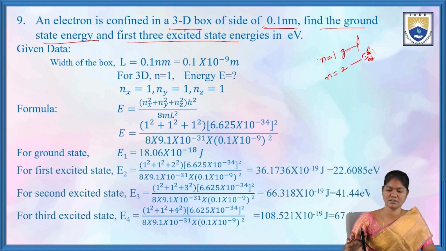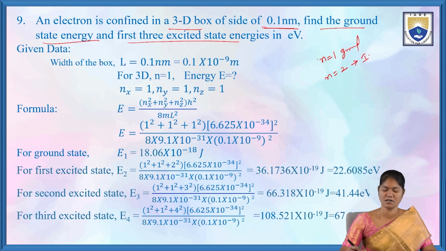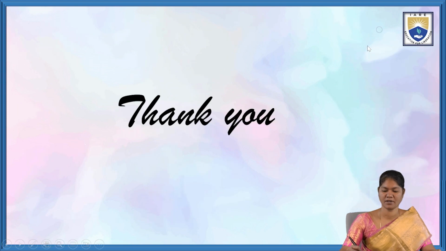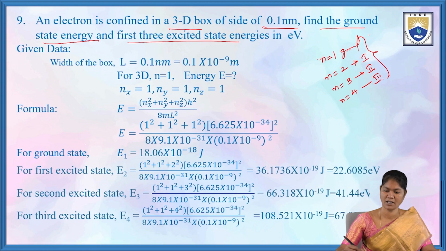When writing this in Roman numerals, we need to put ST. So n equals 3 is the second excited state, n equals 4 is the third excited state. So we need to find E1, E2, E3 and E4.